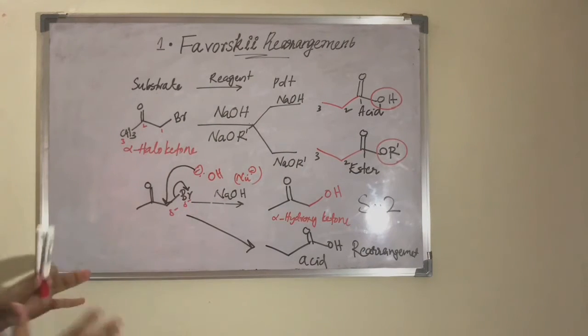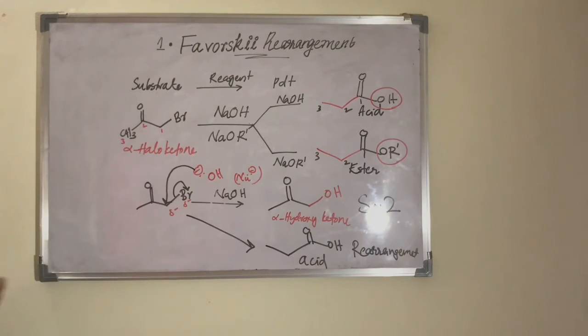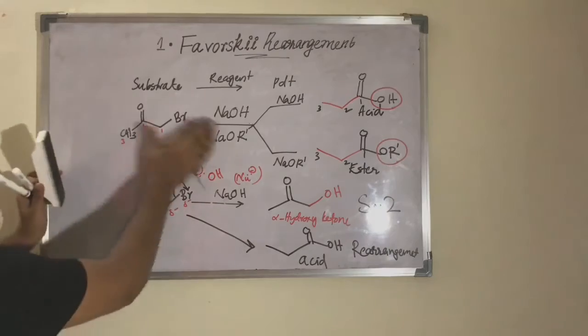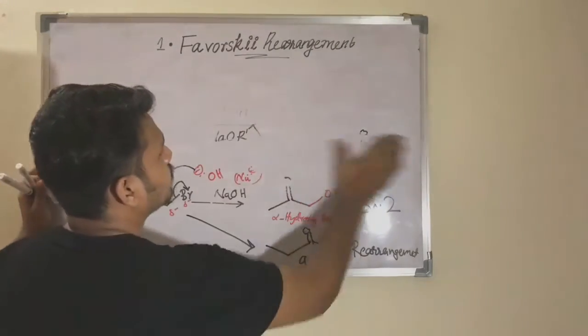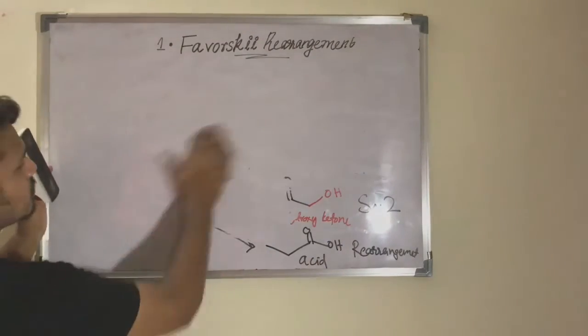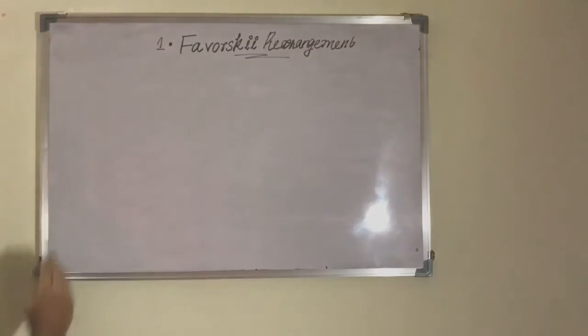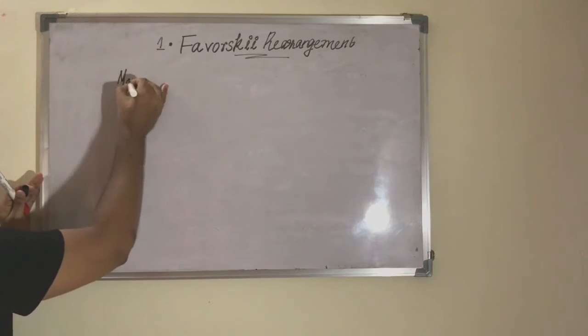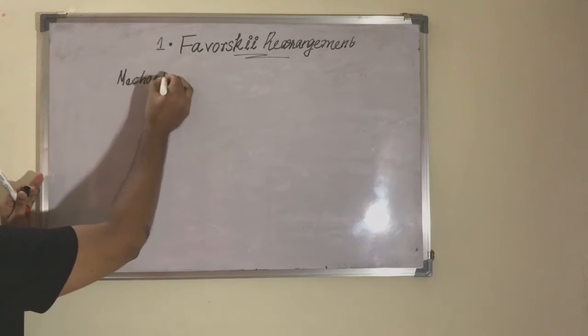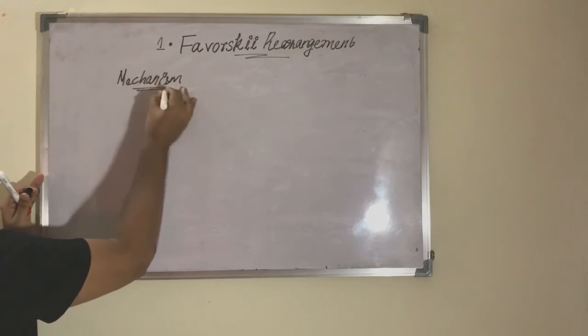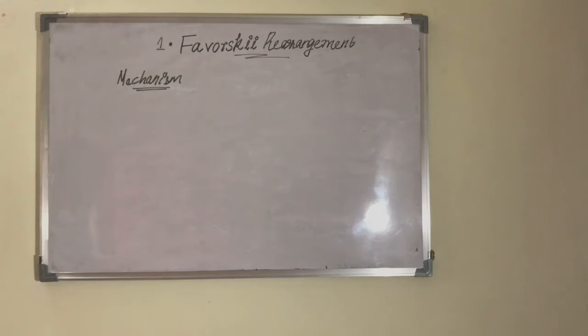So we can discuss the mechanism of this reaction. You have to know the mechanism, because in examination you should be aware of it, and such kinds of questions will be there.